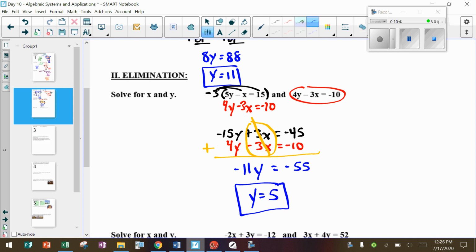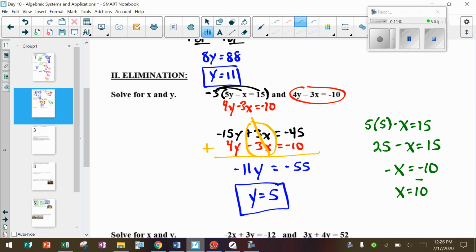Once I have y is equal to 5, I can plug it in and find my x. Subtract the 25 from both sides and divide by negative 1. So we get x is 10, y is 5.